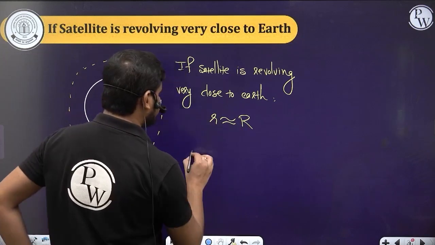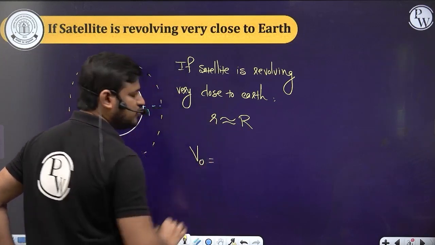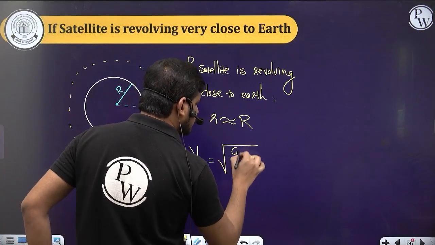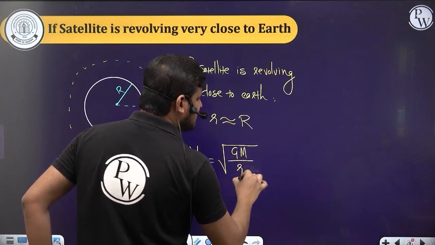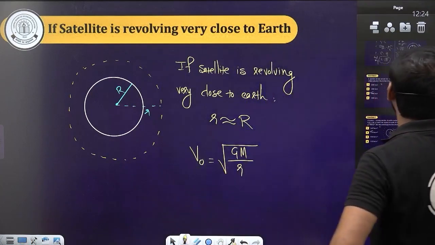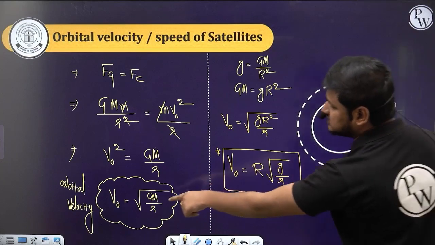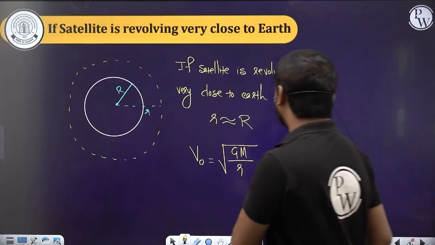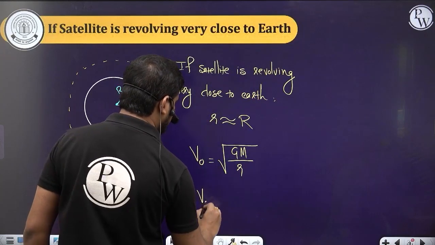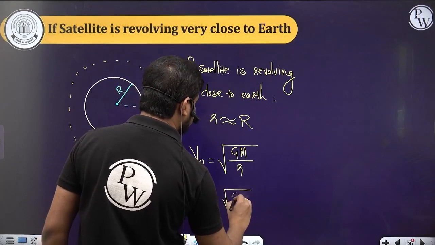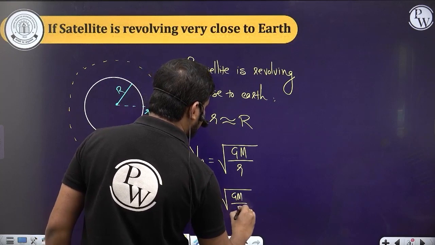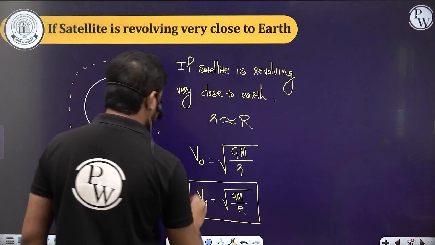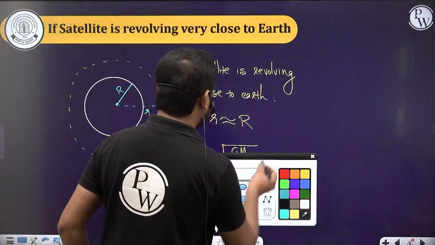And what will the orbital speed become? We know the formula for the orbital speed is VO equals root over GM by r. That's what we got in the starting. Now in place of this small r, I'll substitute: VO equals root over GM by capital R. Or else you can write it in this way also.